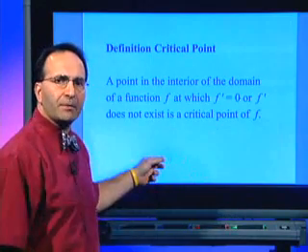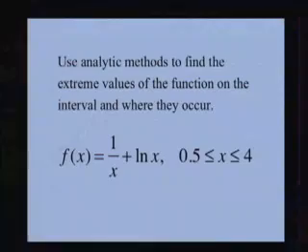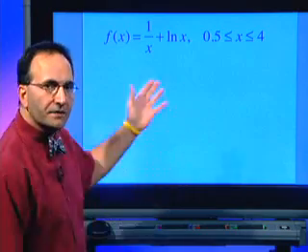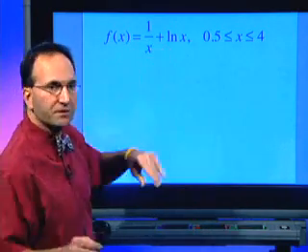Let's look at an example to help us see this. Use analytic methods to find the extreme values of the function on the interval and where they occur. We have f(x) equal to 1/x plus the log of x, and the interval we're dealing with is from 1/2 inclusive up to 4 inclusive. So let's find the first derivative of this function, y equals 1/x plus log x.